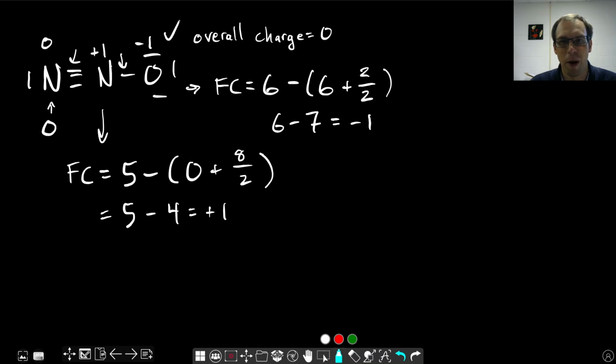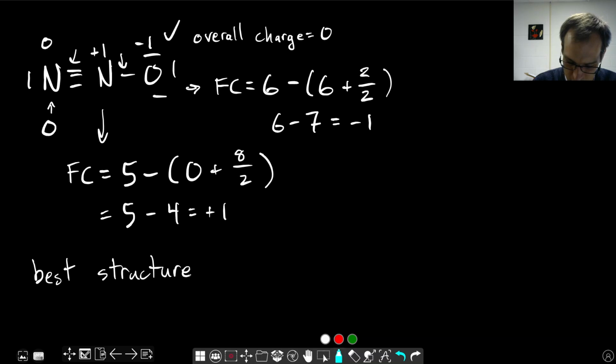Other things to know about formal charges. The best structure for an atom will minimize the formal charges. So that's our first principle related to formal charges. So best structure minimizes formal charges.